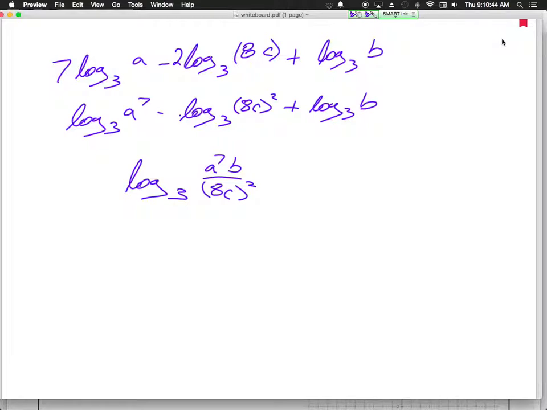So if I am condensing, first step is move the exponents, and then I need to realize that I'm ending up with 1 log, and then I just have to figure out what's in the numerator and the denominator. Now, here's what a lot of people do on this type of problem.